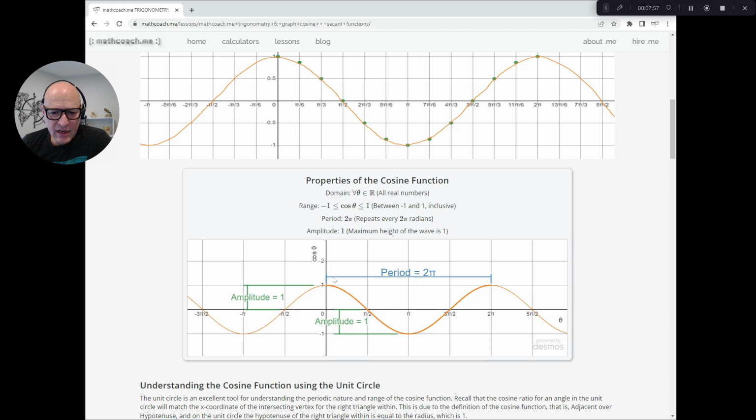The period is 2 pi, and this one peaks at 0 degrees and at 360 degrees, so that's why we've marked the period at the 2 peak points. And the absolute amplitude is 1. Okay, so basically the distance from the center line for the function.